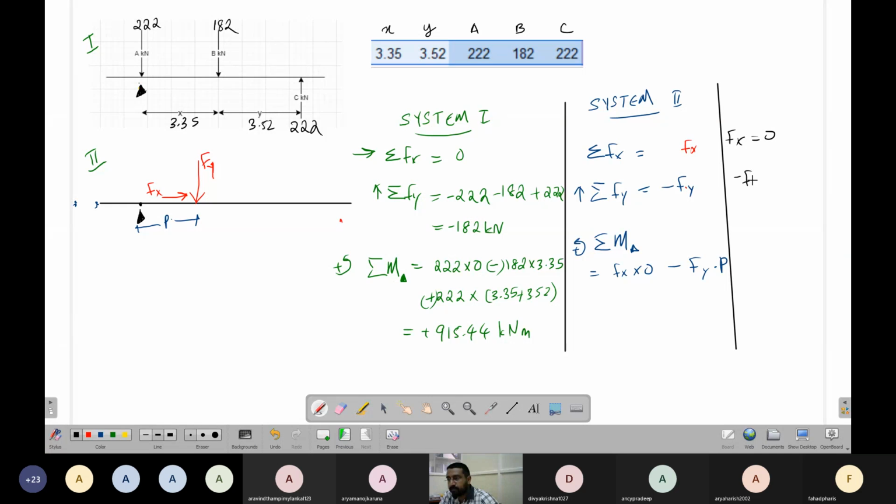Minus Fy equal to minus 182. So that means Fy equal to 182.